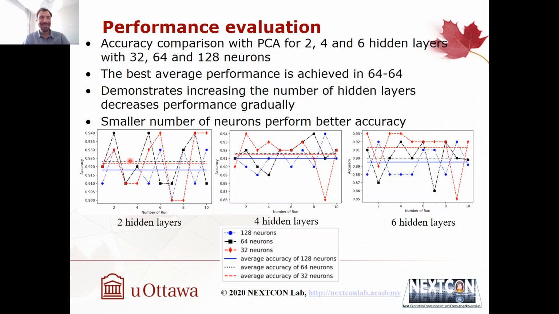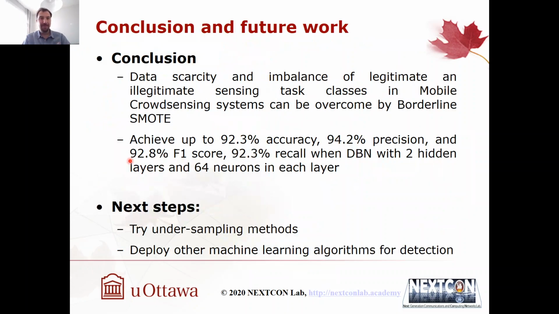And of course, our oversampling method should be borderline SMOTE. And this is also summarizing what I've just stated in the previous slide. So if we follow this recipe, we'll be able to achieve more than 92% accuracy and 94% precision, and more than 92% F1 score, more than 92% recall in the detection of fake tasks, and distinguishing fake tasks from legitimate tasks.